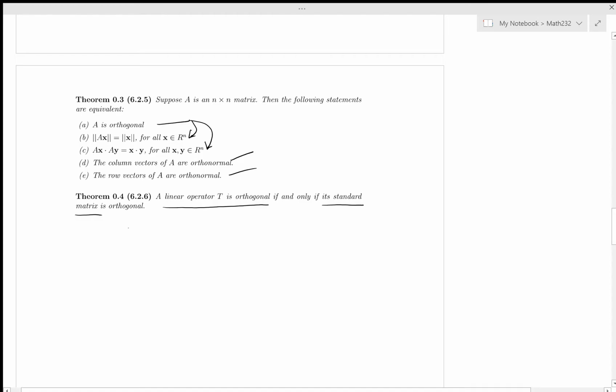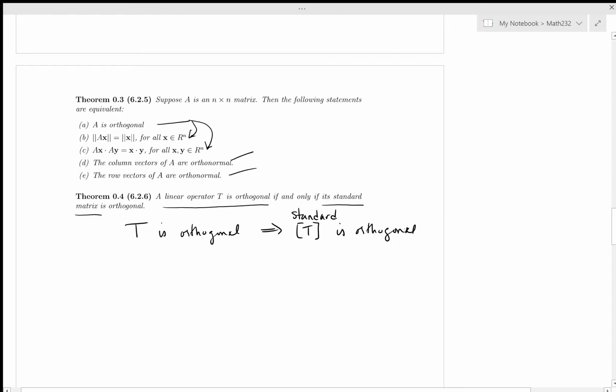So this is basically saying if your transformation is orthogonal, that tells you that the matrix that captures that transformation, the standard matrix, is orthogonal.